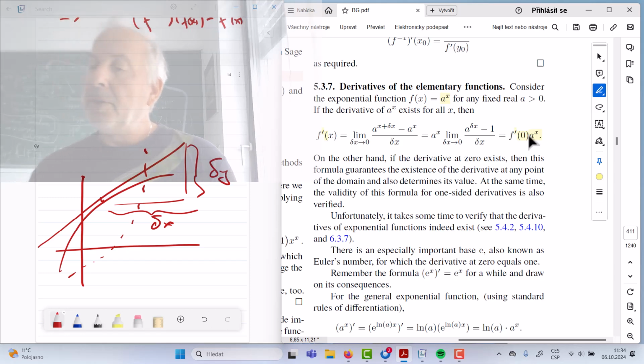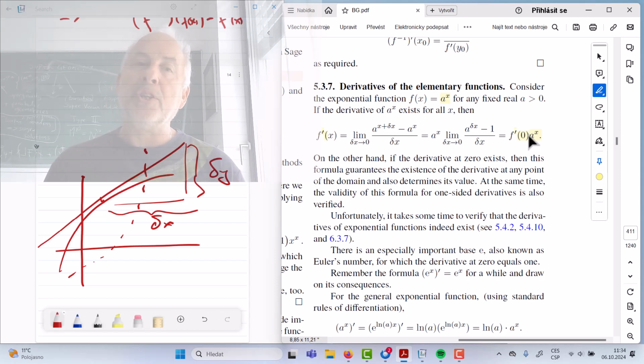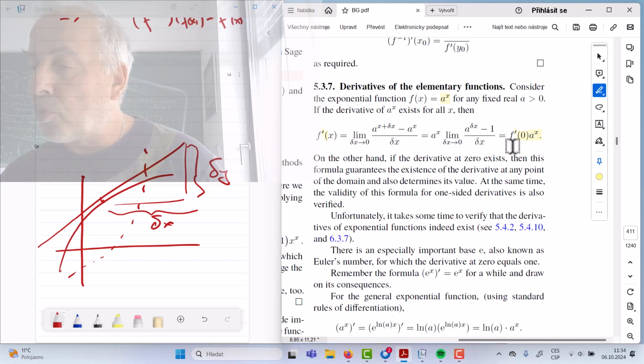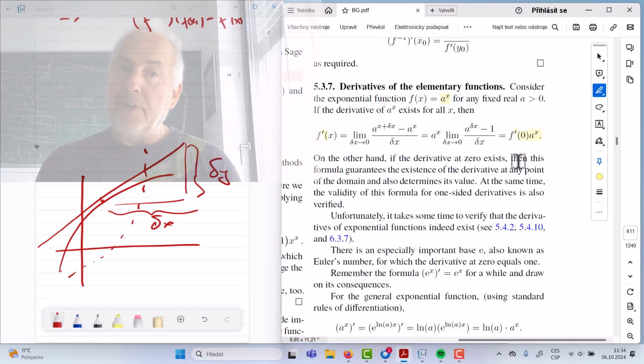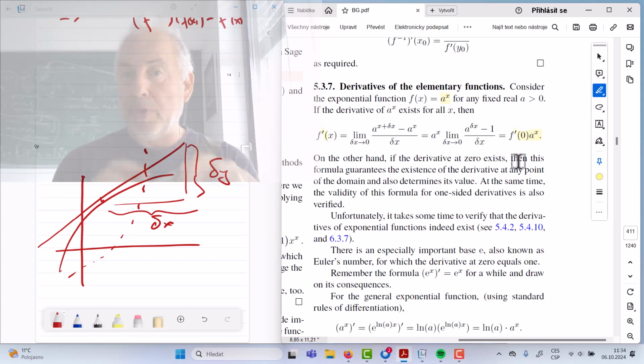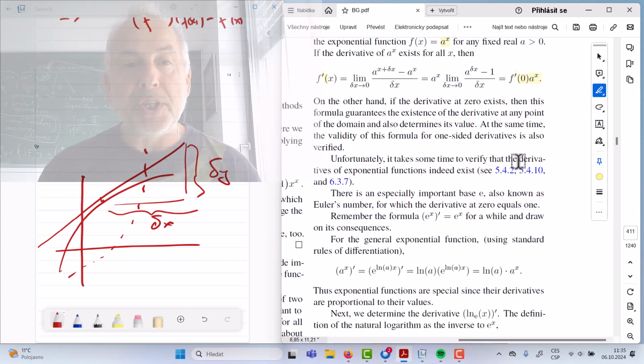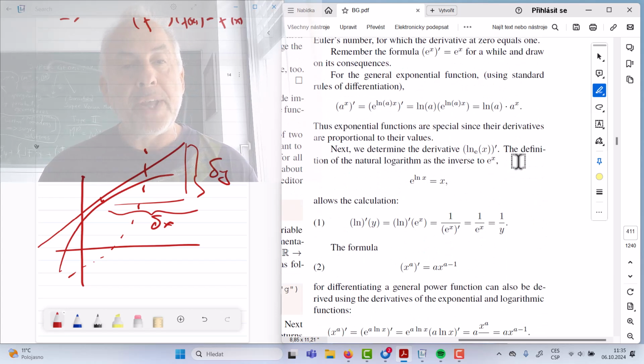So you see the exponential functions are the nice functions or unique functions, therefore they are so useful, where the derivative, as we shall see, always exists and is proportional to the original function, and the constant proportion is given by the derivative at 0. So unfortunately we are not having now the tools to show that the derivative at 0 exists, but we shall come to that in the next week.